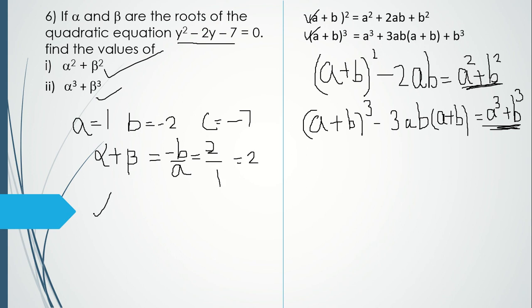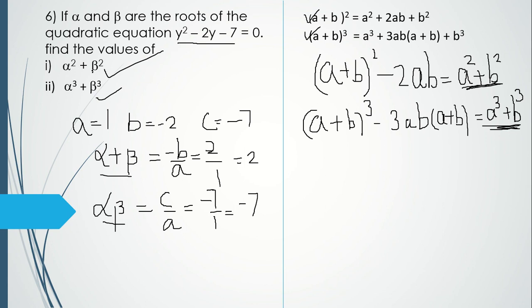Okay, and alpha beta is going to be c upon a. c is minus 7 upon a is 1, so that's minus 7. Now, this value of alpha plus beta and alpha beta you will be putting in the formula.